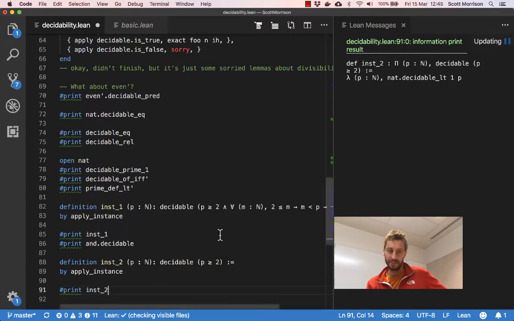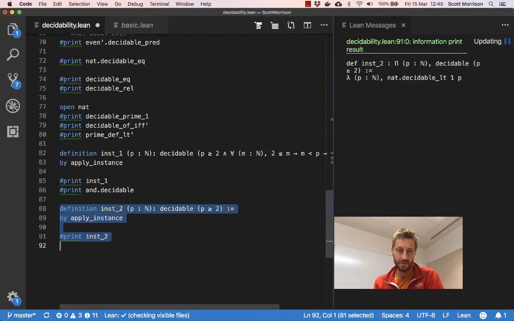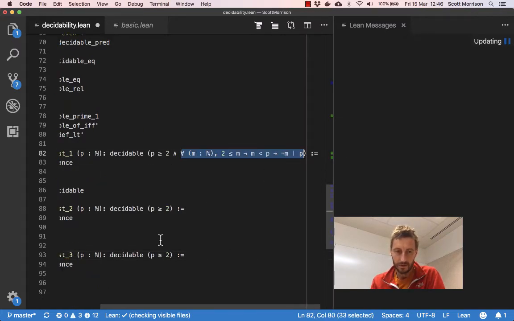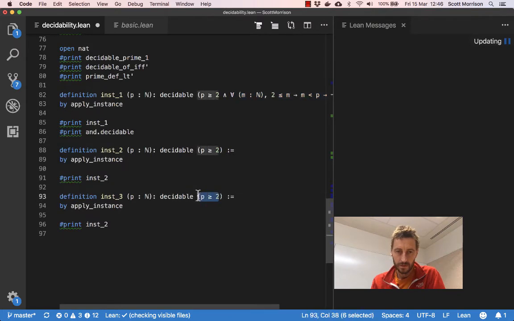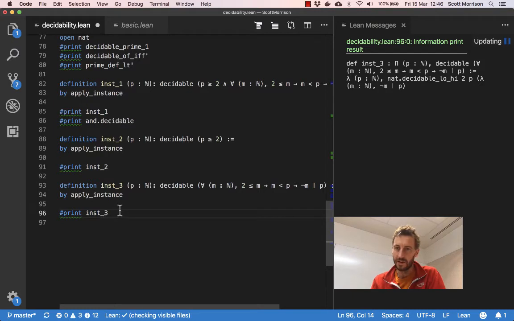Maybe that's not the most interesting one, so let's look at the other branch of the AND for a moment. This is this one. And again, apply instance just works fine, so we can ask what did that do?